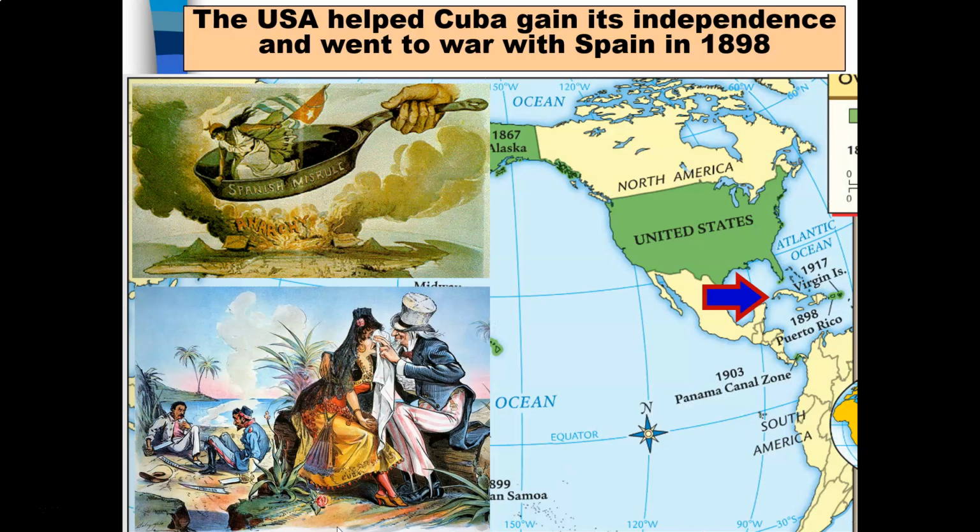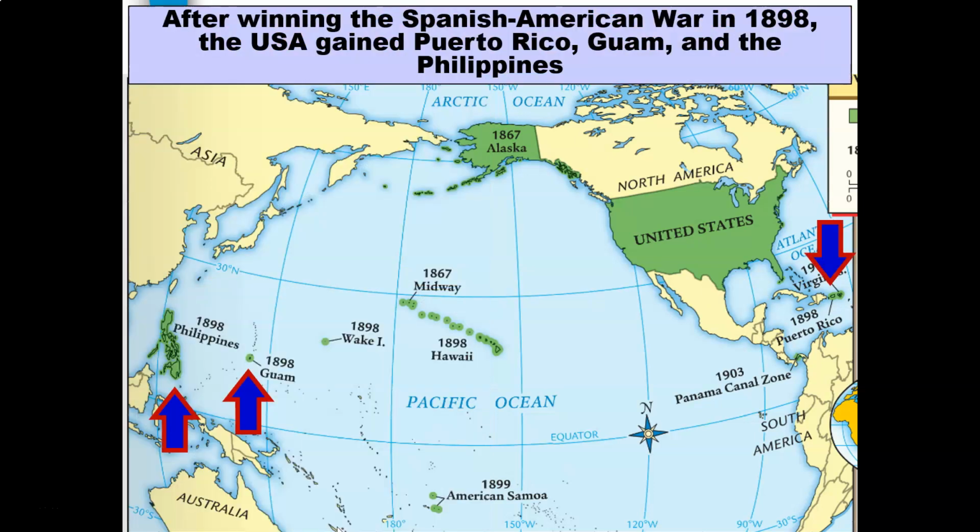The United States also was the savior, according to many, and helped Cuba gain its independence and went to war with Spain in 1898. After winning the Spanish-American War in 1898, the United States gained Puerto Rico, Guam, as well as the Philippines.